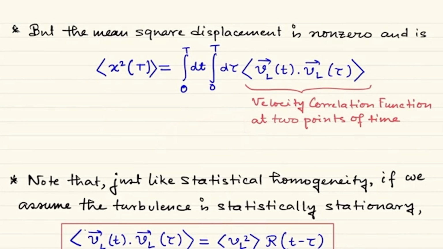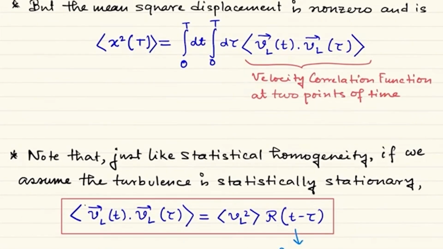So you will see that when we are talking about two different time points, it is actually synonymous with saying that they are at two different positions. But here the position is explicitly depending on time. That's why we just write the functional dependence of the VLs directly on time.